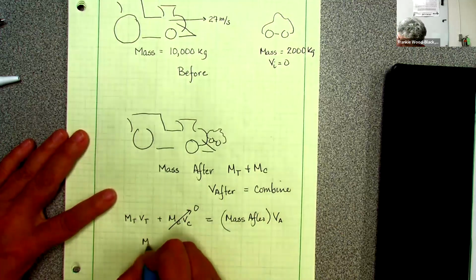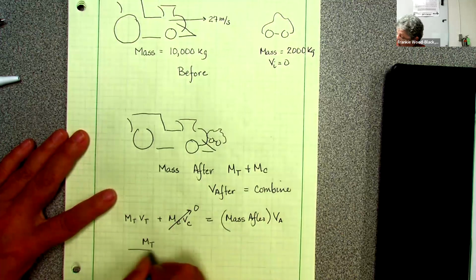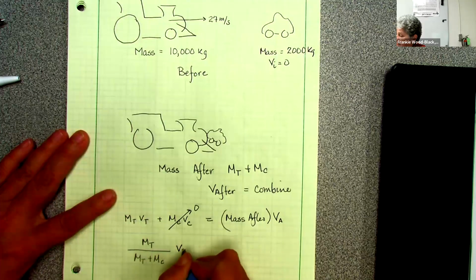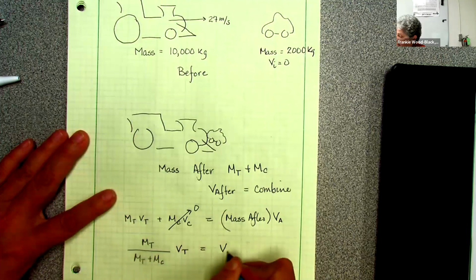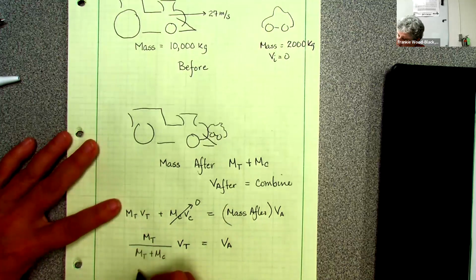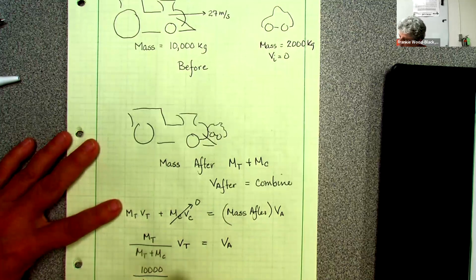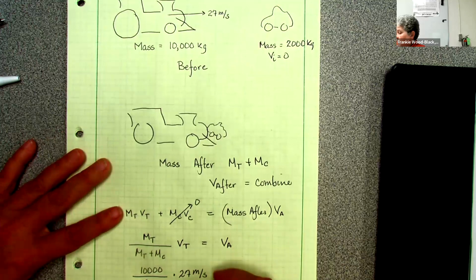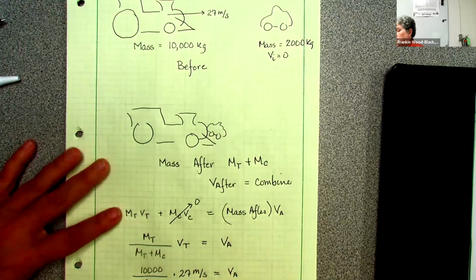So now I get the mass of the train divided by the mass of the train plus the mass of the car, times my initial velocity, is going to equal my velocity after. So this is going to be 10,000 divided by 12,000 times 27 meters per second, and we'll end up with my velocity after.